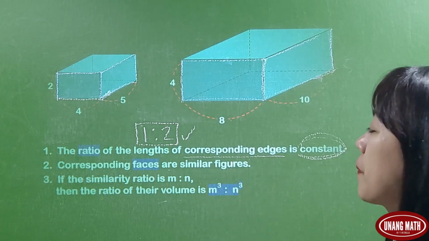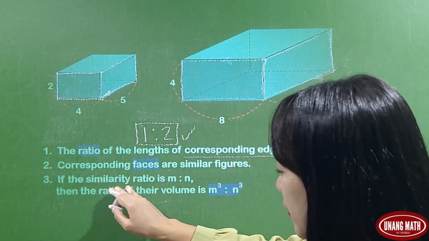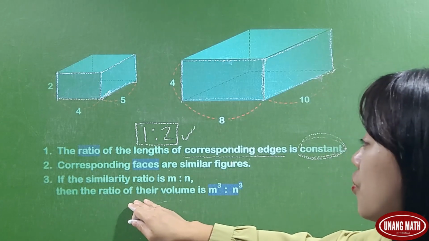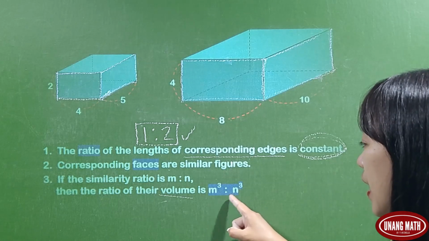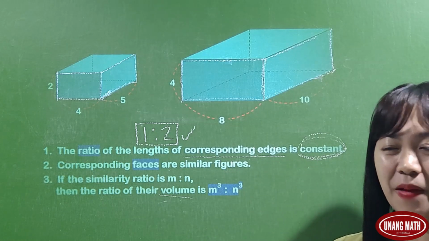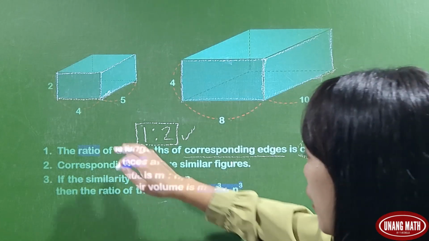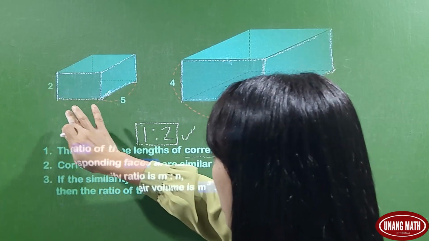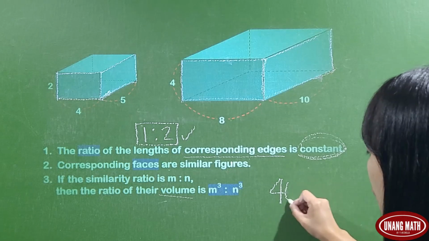For the third property, according to this, if the similarity ratio is m is to n, then the ratio of their volume is m raised to 3 is to n raised to 3. Let me explain this third property. If we get the volume of this figure, that would be 2 times 4 times 5, which is equal to 40.